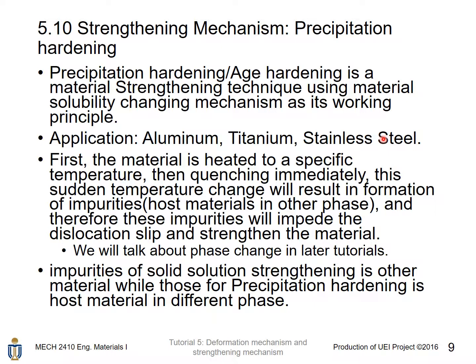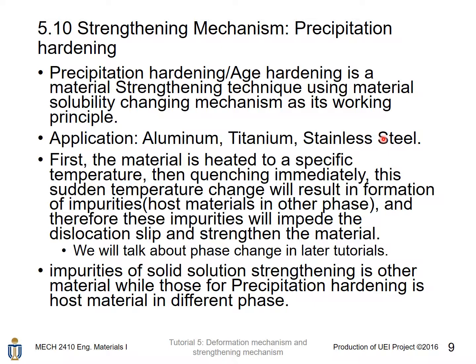This sudden temperature change will result in a formation of impurities, which are host materials in another phase. Phase will be discussed in tutorial 8, and therefore, these impurities will impede the dislocation slip and strengthen the materials.